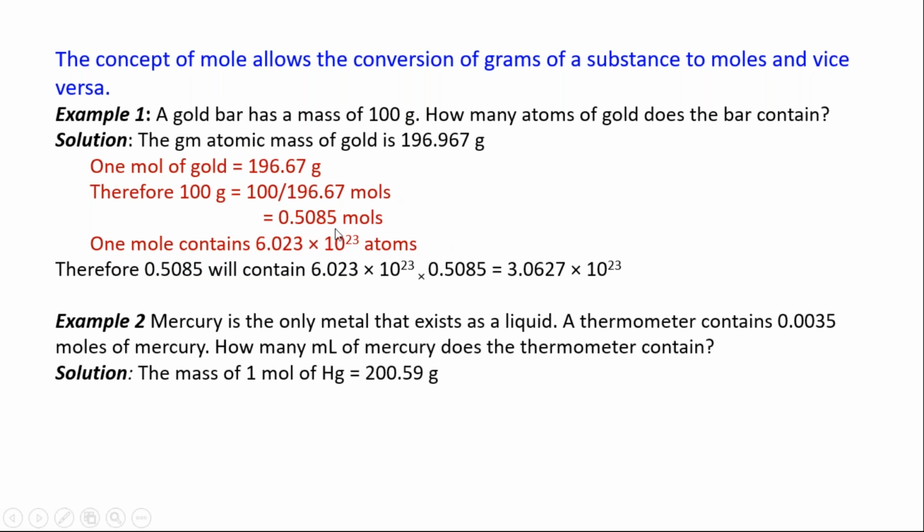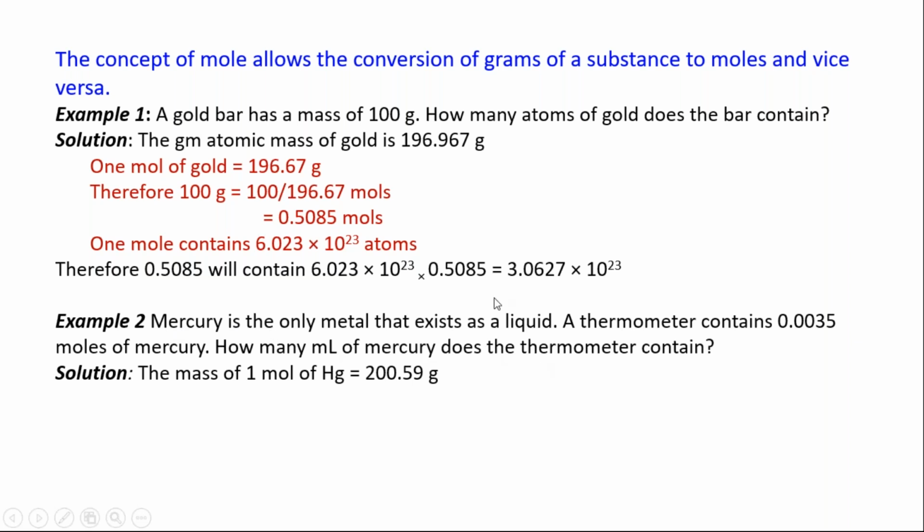So now we have to find out how many atoms there are in almost half of a mole. If you do that, it is approximately 3.06723 into 10 to the power of 23. Please see that when you have the powers, we do not divide or subtract these powers.